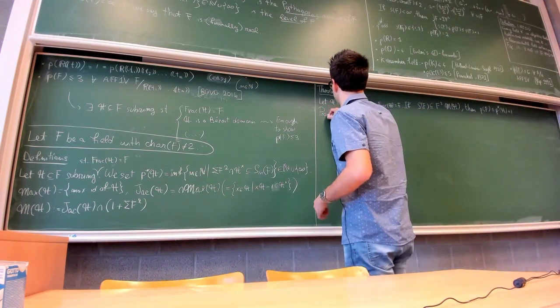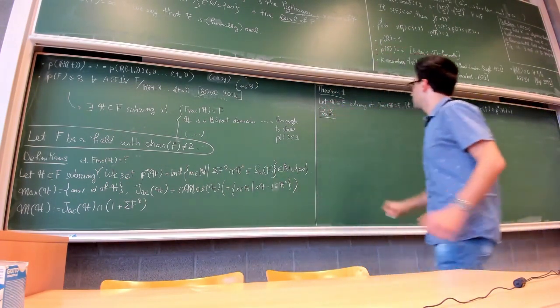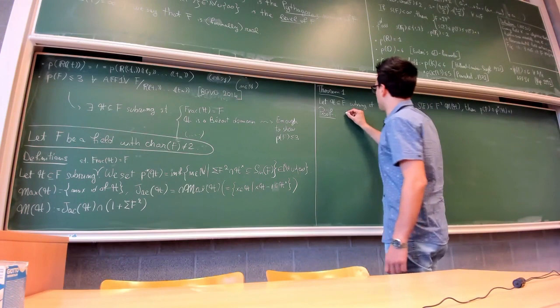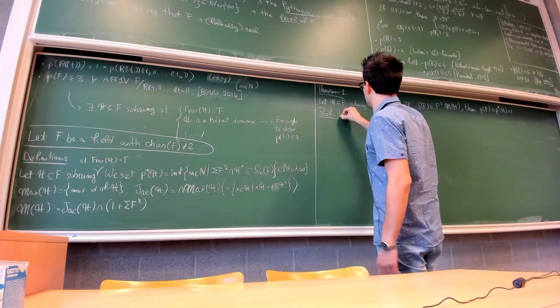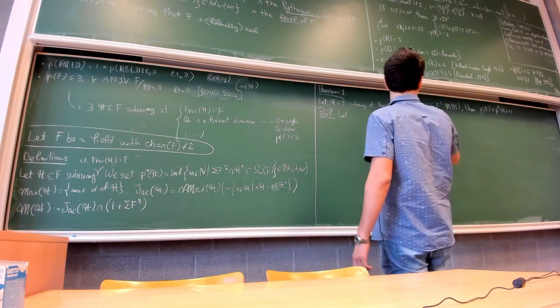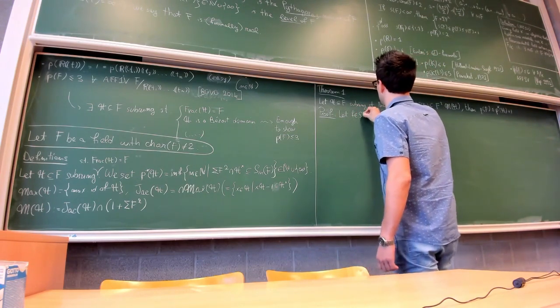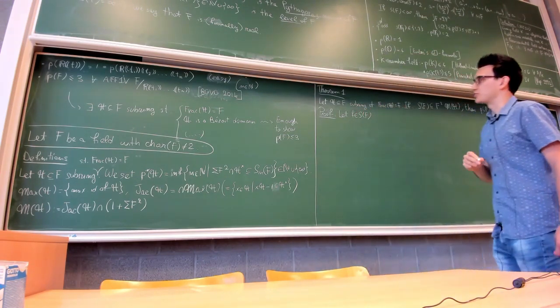So it's actually pretty easy to prove it. So consider one element, let's call it F, which is a sum of squares.